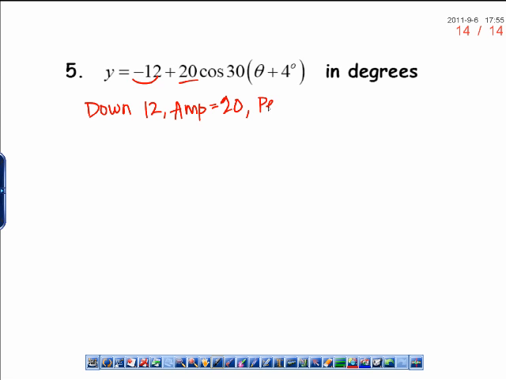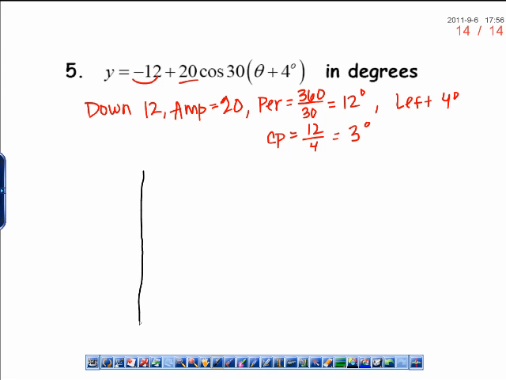So the period, remember in degrees, you're going to do 360 divided by 30, which is 12. And this is degrees, so this is a pretty small period. Okay, critical point is going to be 12 divided by 4, which is going to be 3 degrees, and left 4 degrees. Alright, so let's mark our lines, get our hash marks right.